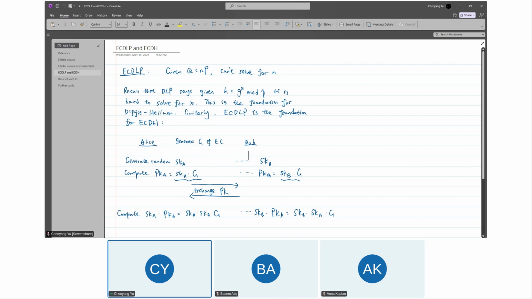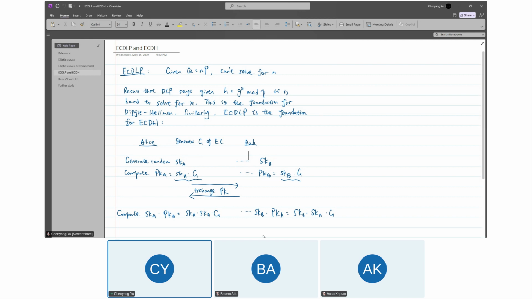I forgot to mention that we had to agree on a generator G that Alice and Bob must share. This usually is published in a standard like a NIST standard. We generate a secret integer for each person, and then each of them computes the random number times G. This was the scalar multiplication we just talked about.